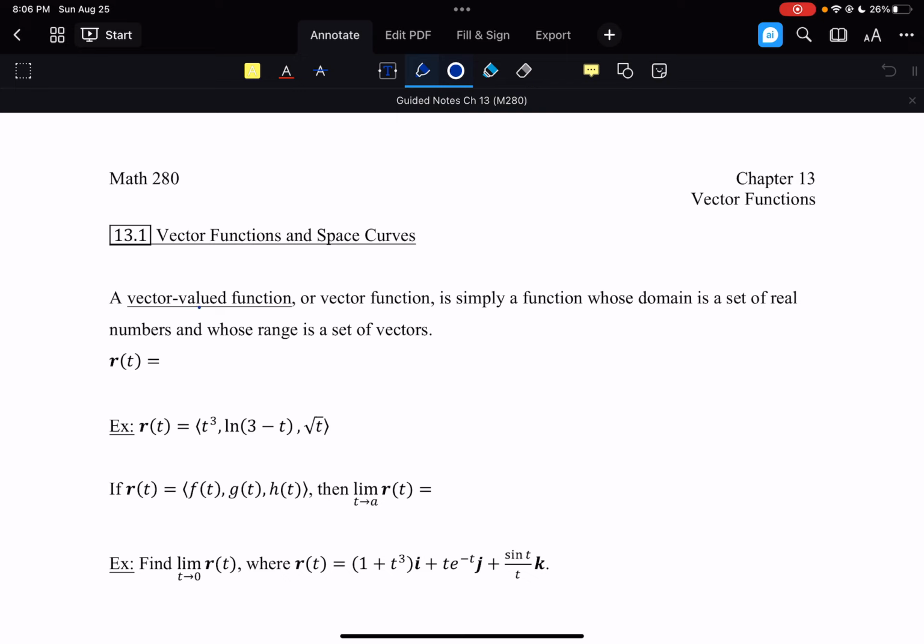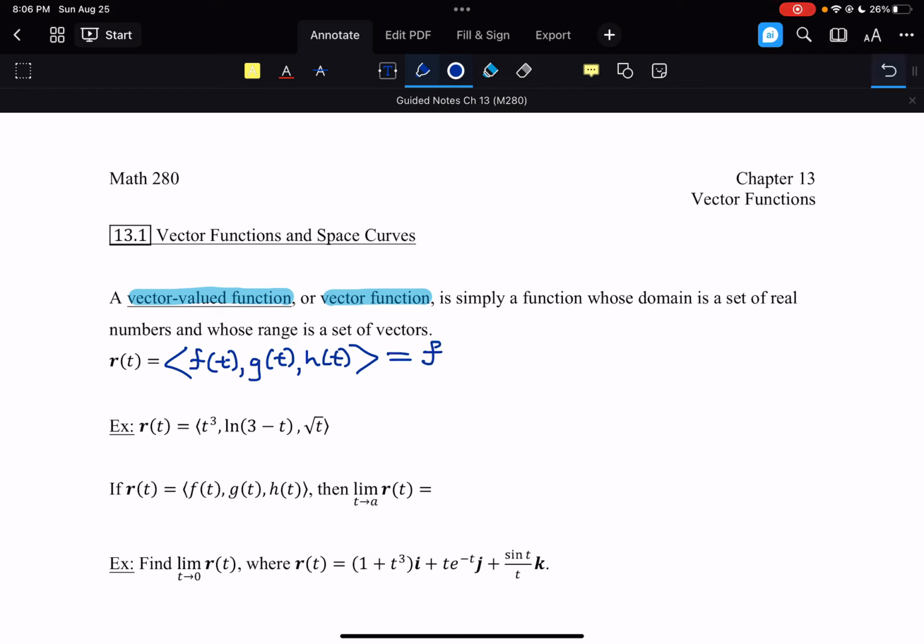A vector-valued function, also called just a vector function, is simply a function whose domain is a set of real numbers and whose range is a set of vectors. So we have r of t is the component vector f of t, g of t, h of t.